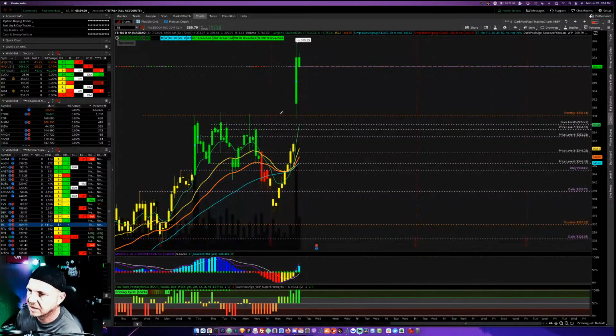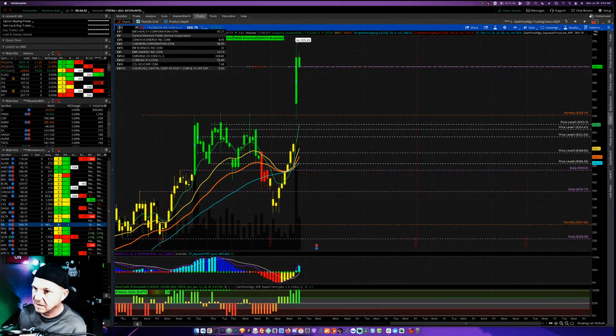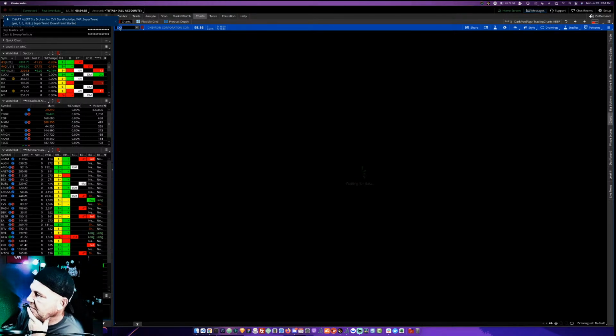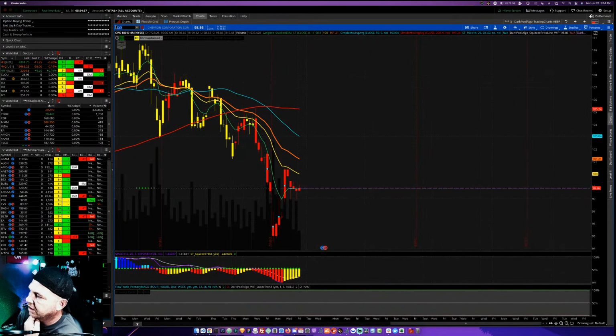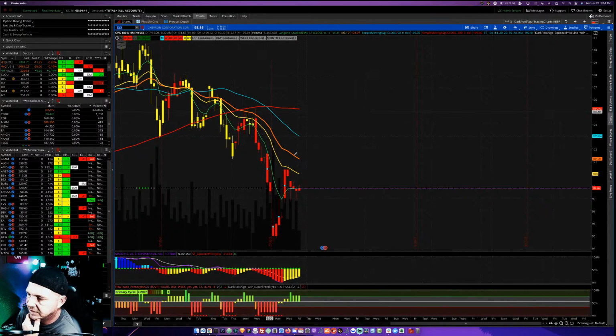I think I saw you mention that. So with crude futures falling off a cliff, the MACD for Chevron's super heavy, earnings coming up, we're stacked below our moving averages, right? We're below the 200, we're below the 50, we're below the 34, we're below the 21, barely above the 8 EMA.